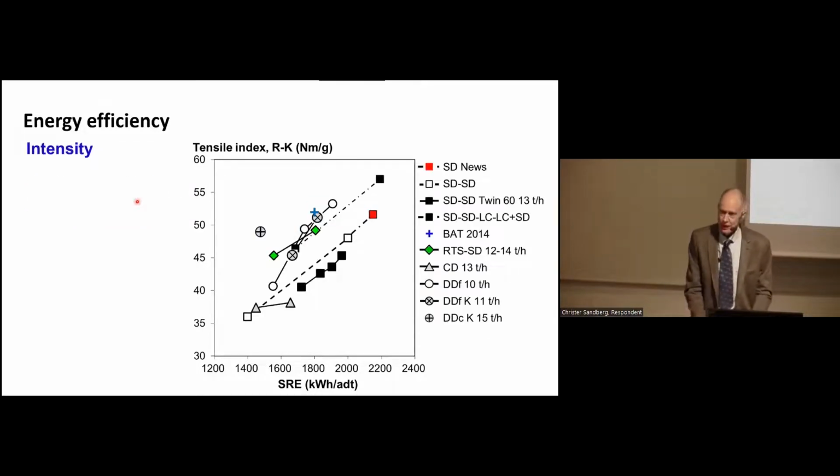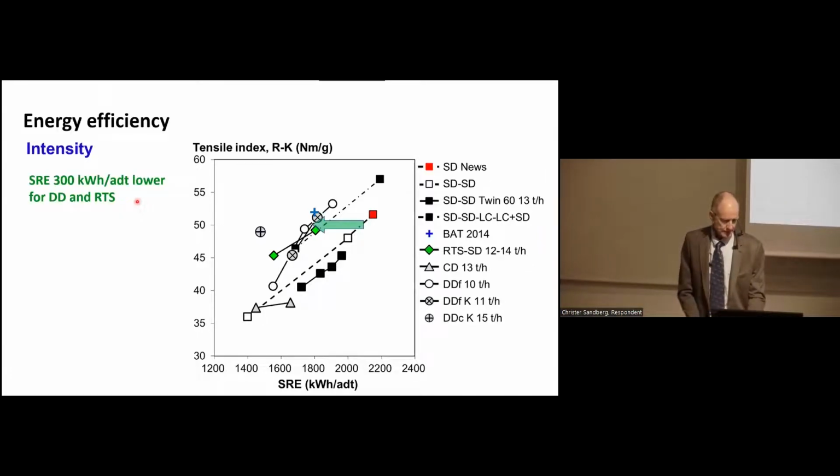And when you look at the different high consistency refiners evaluated in this work, you can see that the high intensity refiners, DD, double disc, and RTS, they require some 300 kilowatt hours per ton lower specific energy. This is well known and is verified by this work. And you can also see the same change in specific energy at increased production rate here from the SD refining here at higher production rate compared to this and this point, the double disc.